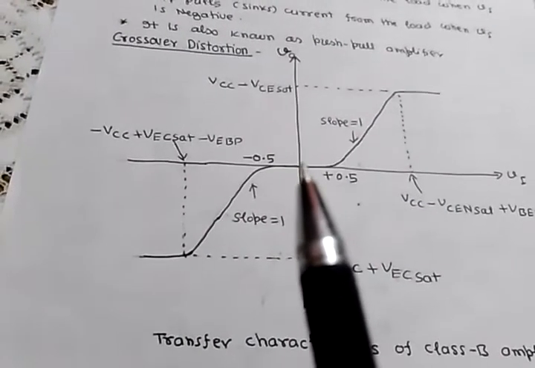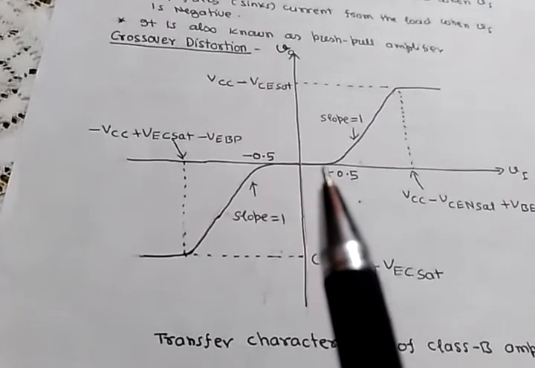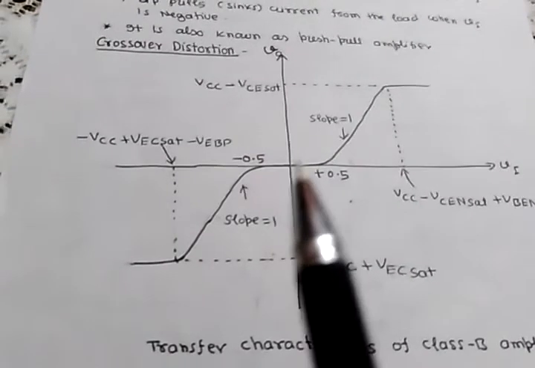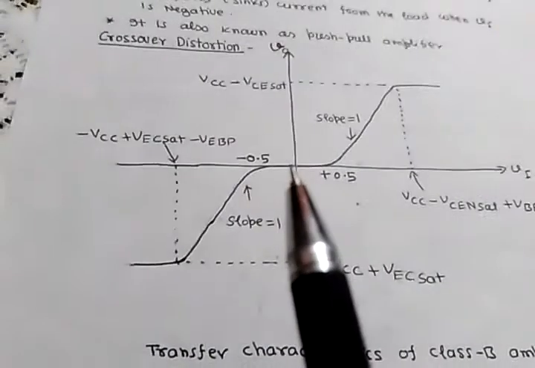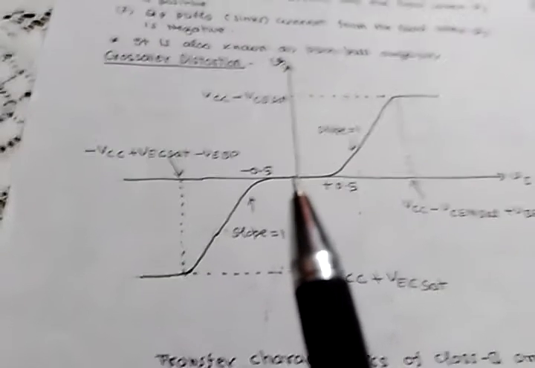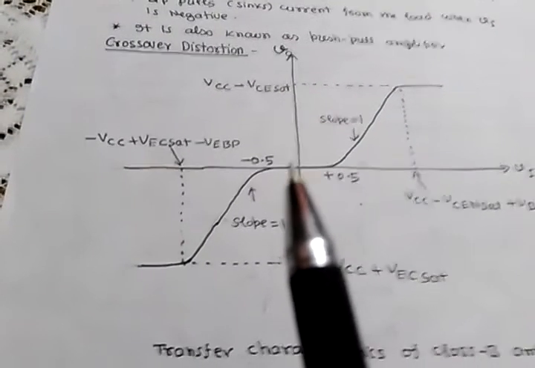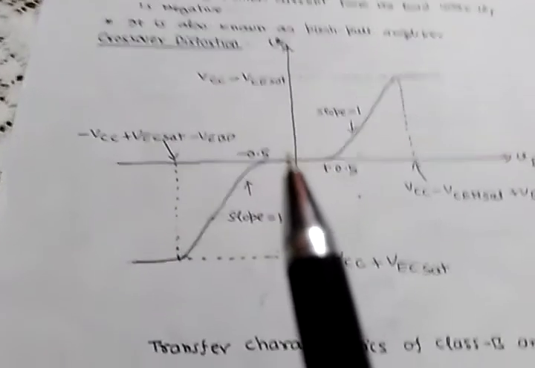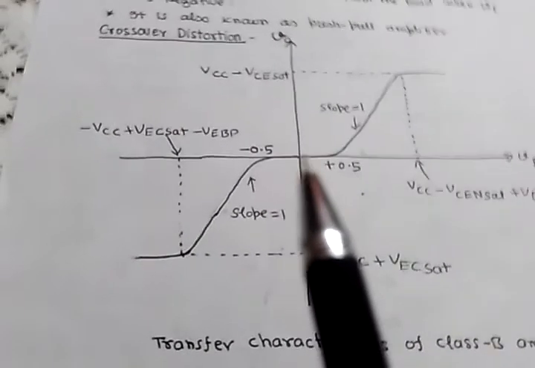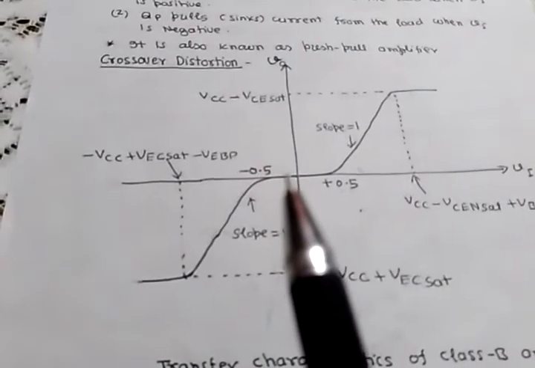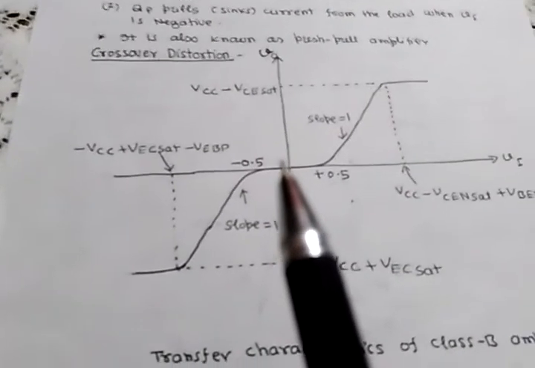For input signal less than 0.5 volt, we will not get output. This will create unpleasant sound if the class B amplifier is used for audio amplification in push-pull configuration. This is known as crossover distortion.